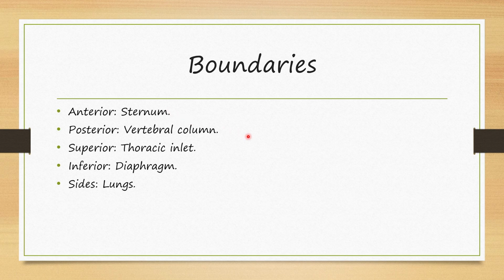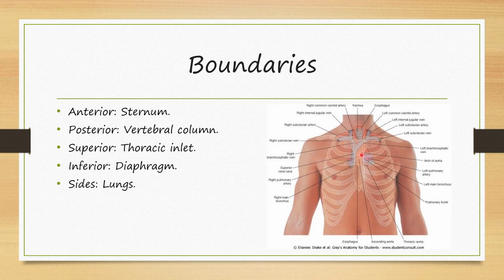On top, there is the thoracic inlet, which is the place where the veins and arteries enter. It's like a place that holds these together. Inferiorly, or down below, there's the diaphragm, and on the sides there are the lungs. So these are the boundaries of the mediastinum.